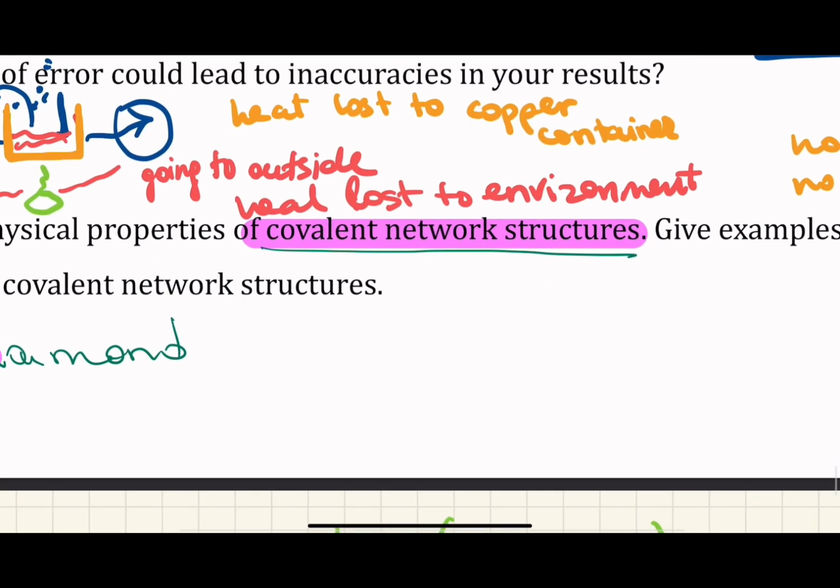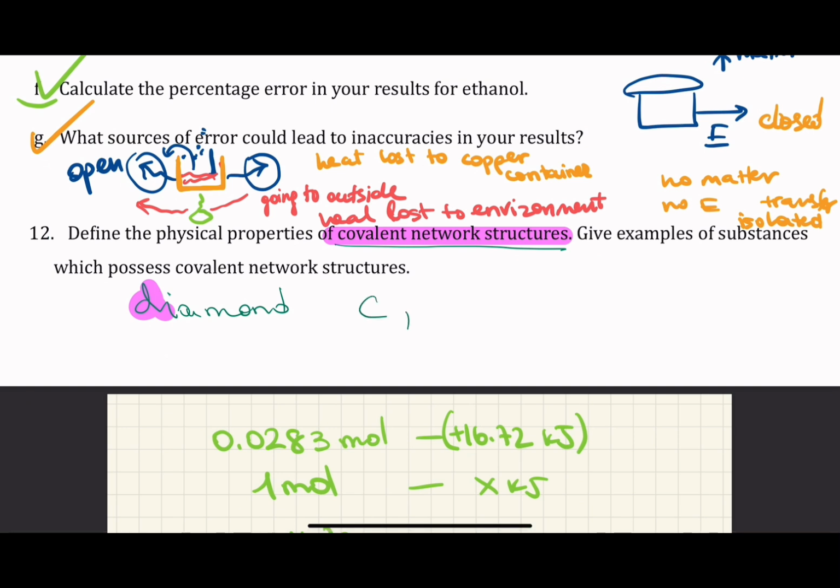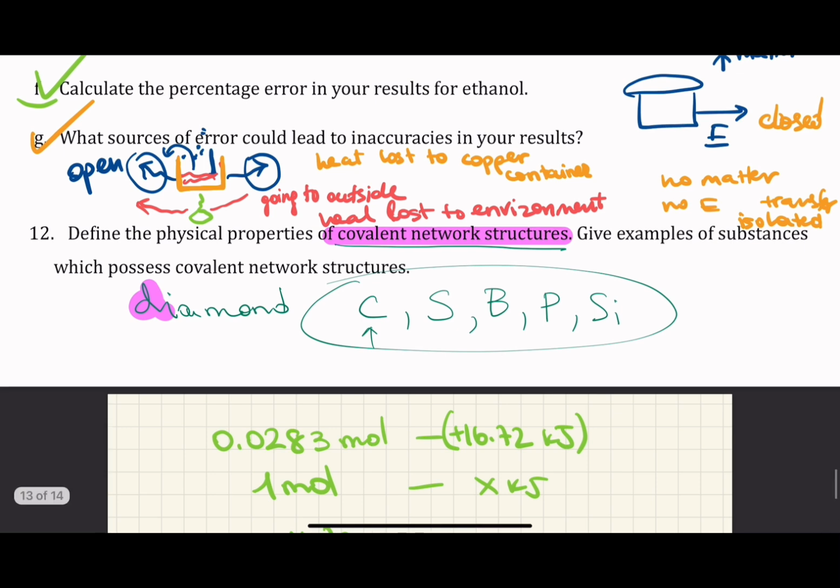One of them is carbon, like in diamond, and we also have sulfur, and also boron, phosphorus, silicon. All these elements form covalent network structures, which is why they have a very high melting point, and they are very hard.